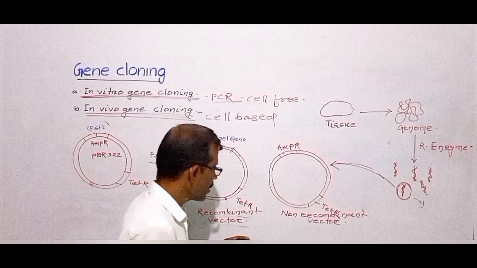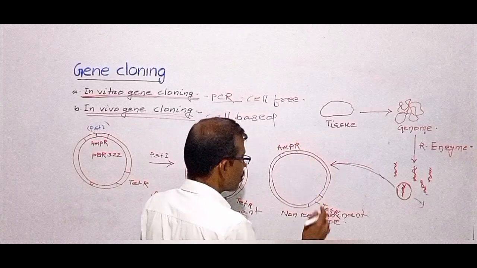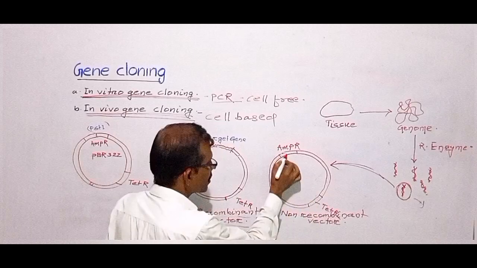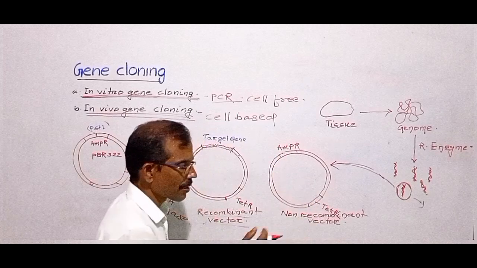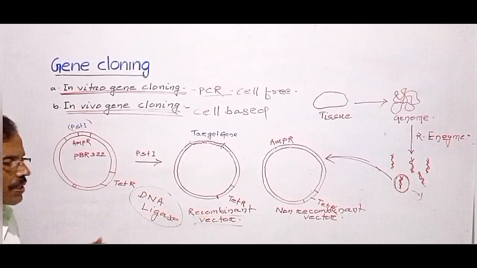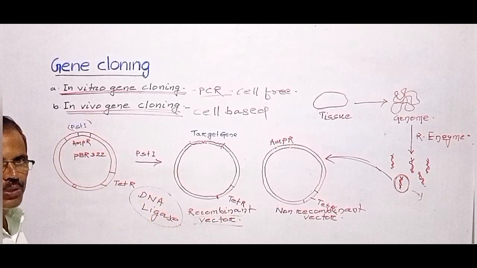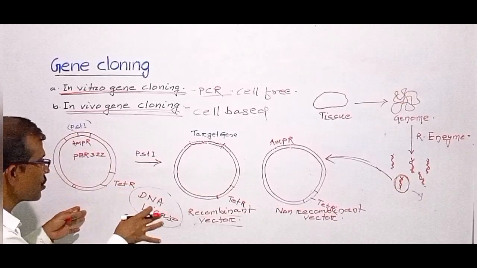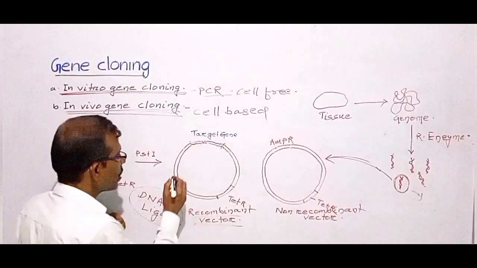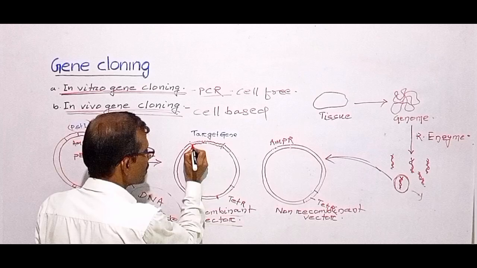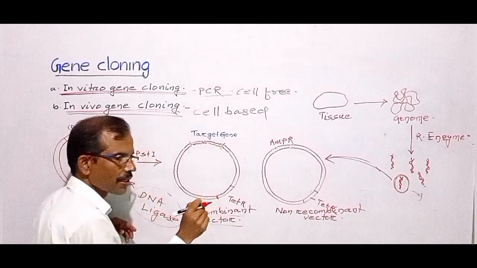On the other hand, in the non-recombinant or the normal vector, both the antibiotic resistance genes remain intact. In this process, the enzyme DNA ligase, which is also included in this mixture, will join the ends of the linearized plasmid with the ends of the target gene.